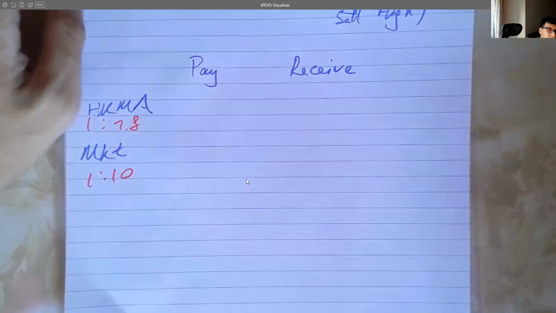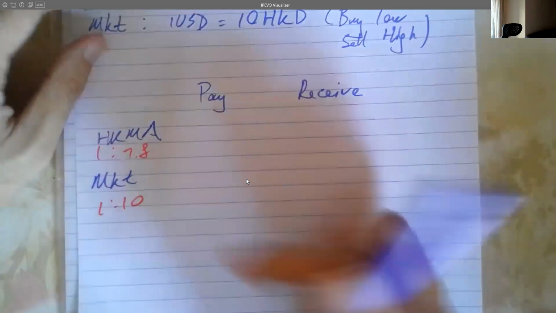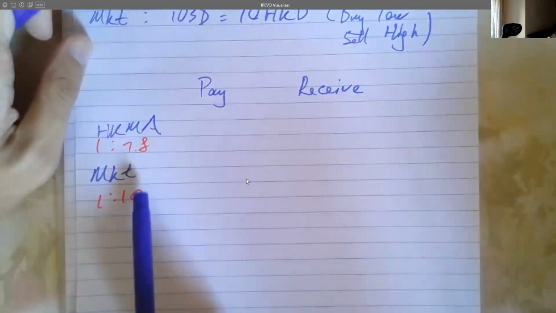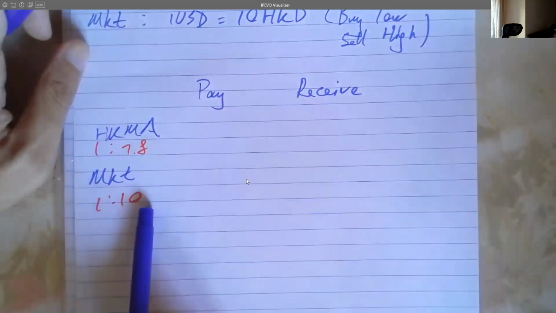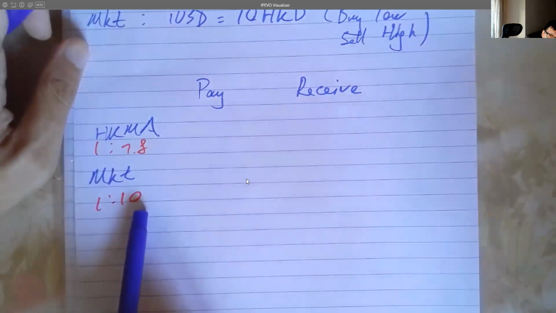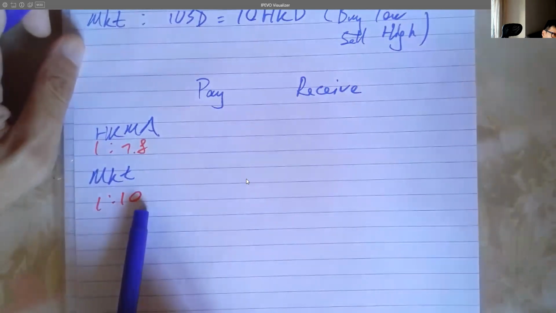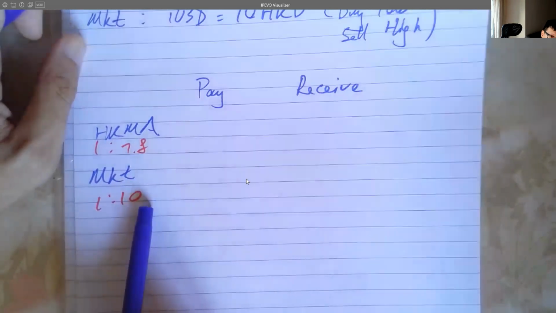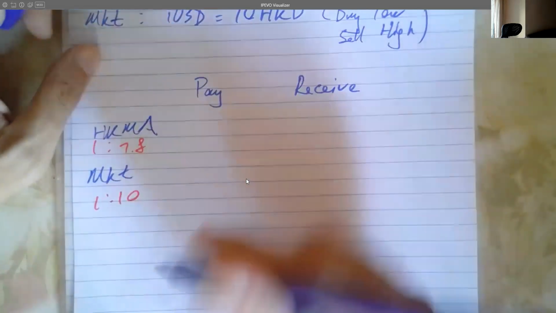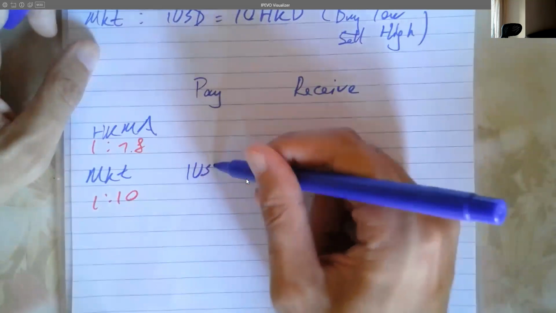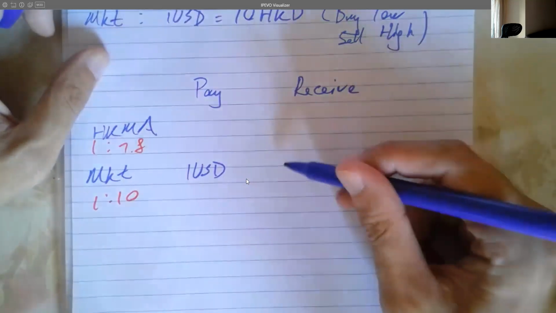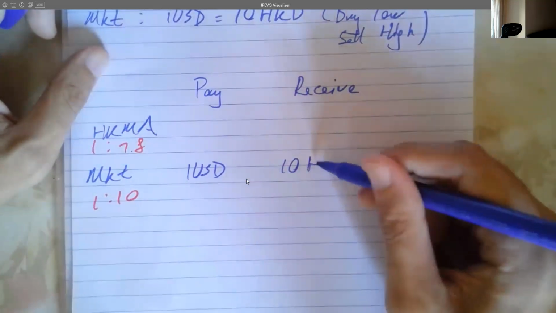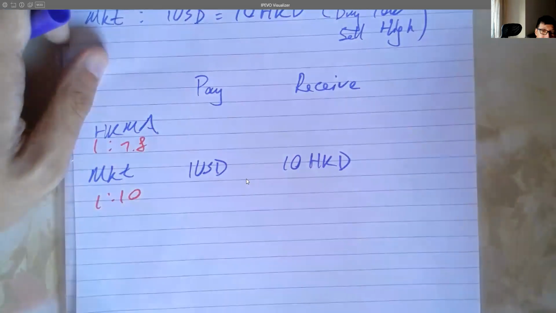So how can we buy low, sell high to earn a profit in our case? Since in the market we know Hong Kong dollar is quite cheap, therefore we would buy Hong Kong dollars from the market. So what we do, we pay 1 USD to receive 10 Hong Kong dollars.